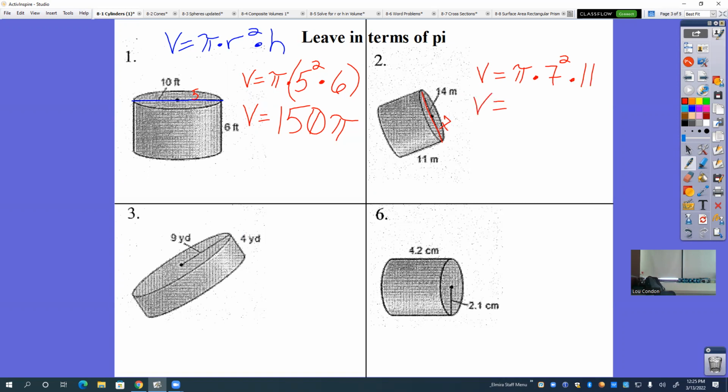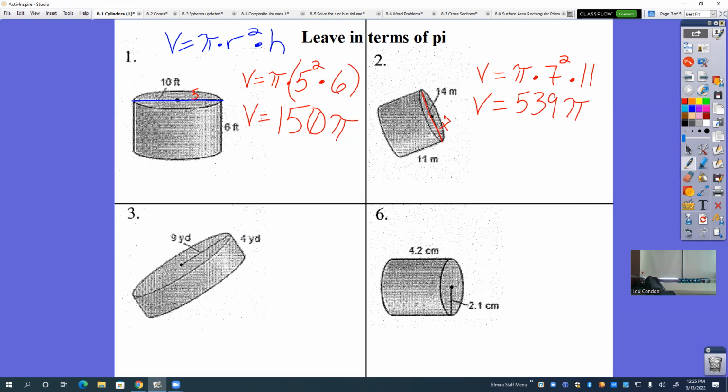Again, we're leaving it in terms of pi, so we have 7 x squared times 11 equals 539. And that would be 539 pi.